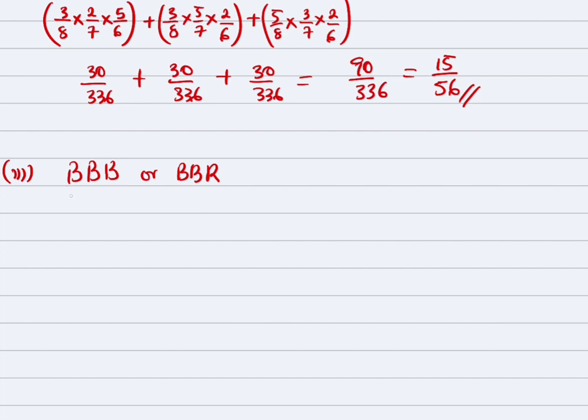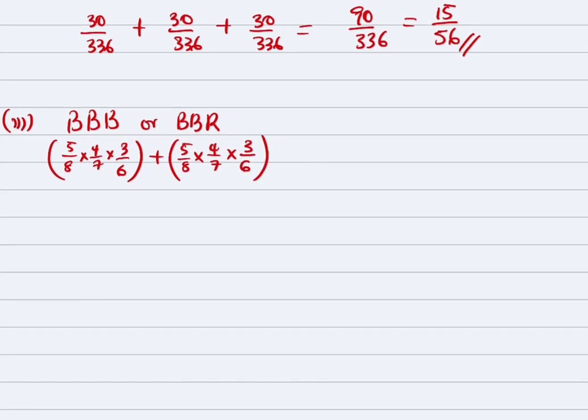So blue, picking blue, we have 5 all over 8 times 4 over 7 times 3 over 6. Good. Plus we are going to have 5 over 8 times 4 over 7, but this time around is going to be times, yeah, it's still 3 over 6. Yes, what a coincidence. Okay, it's a very good question. So let's see it.